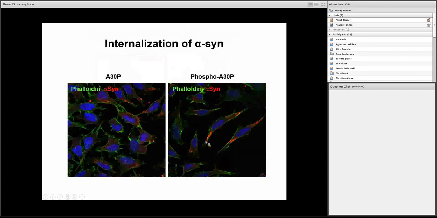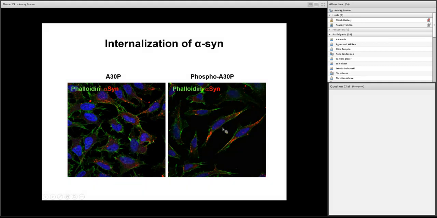And here's another one which shows this same idea. Here, this is 3 days as well. This is non-phosphorylated alpha-synuclein here. You can see some punctate staining around on the inside and the outside of the cell, whereas when you look at the A30P phosphorylated version, you can see quite a lot of alpha-synuclein being taken up.